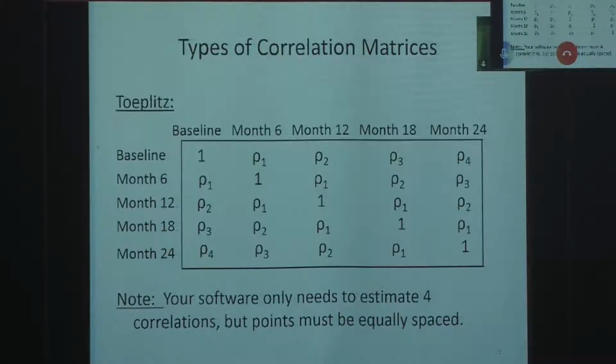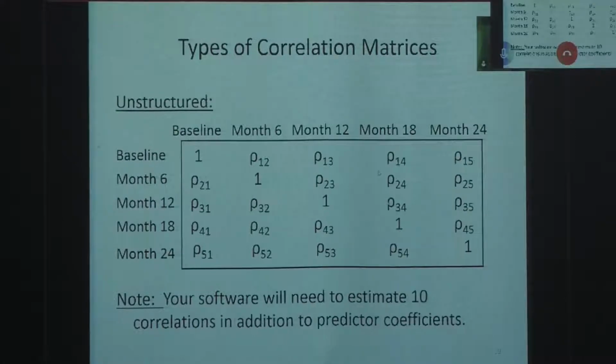But when you go here, month 6 to month 12, I have the same symbol here as here. What I'm asking you to believe, to assume, is the correlation between baseline and 6 months is the same exact number as the correlation between 6 months and 12 months. If you're willing to make that assumption, what you'll see is there's only 4 numbers that your software needs to estimate.